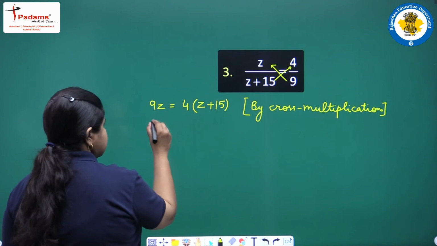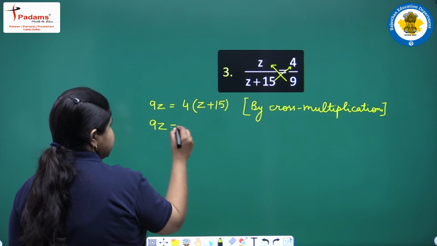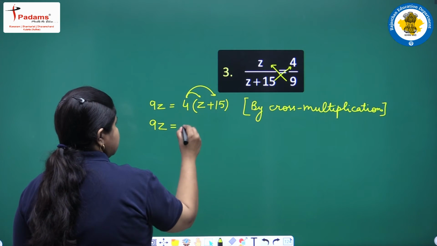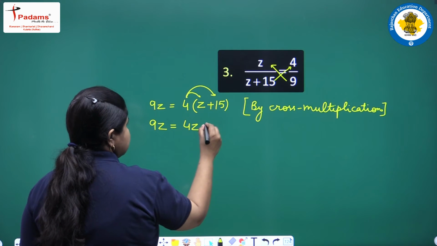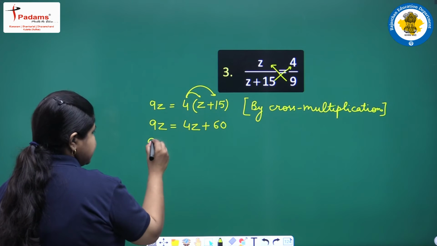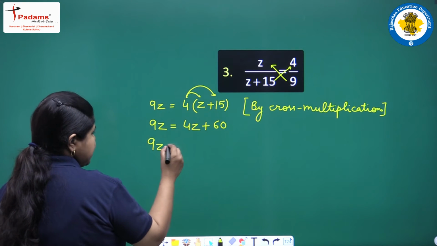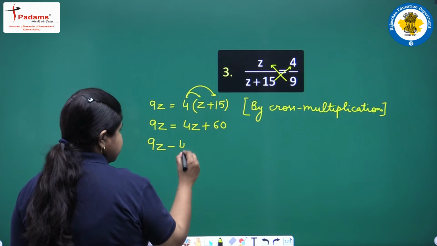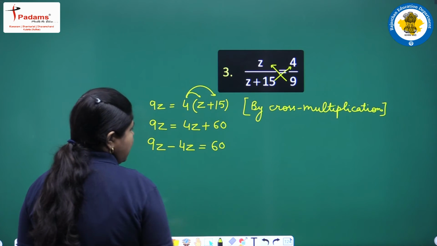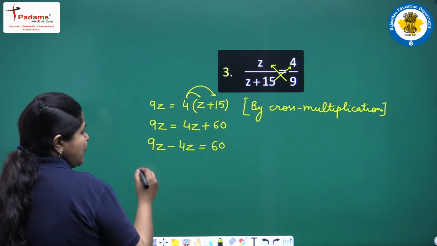This gives us 9z. Again this 4 will be multiplied to z as well as to 15. 4z plus 15 4s is 60. Again 9z. This 4z will be transposed to LHS and become minus 4z, and we have 60 in the RHS. 9 minus 4 is 5.